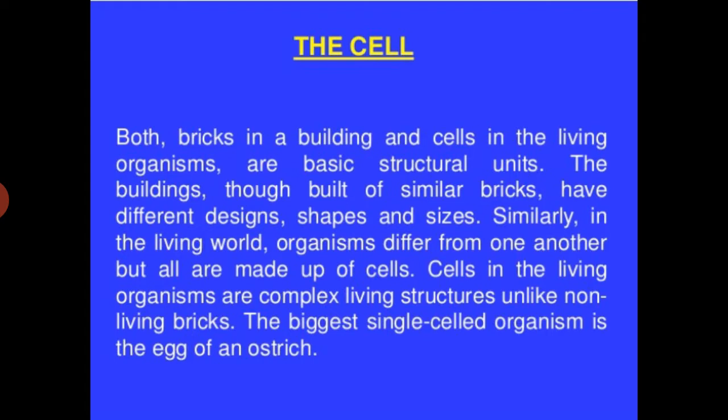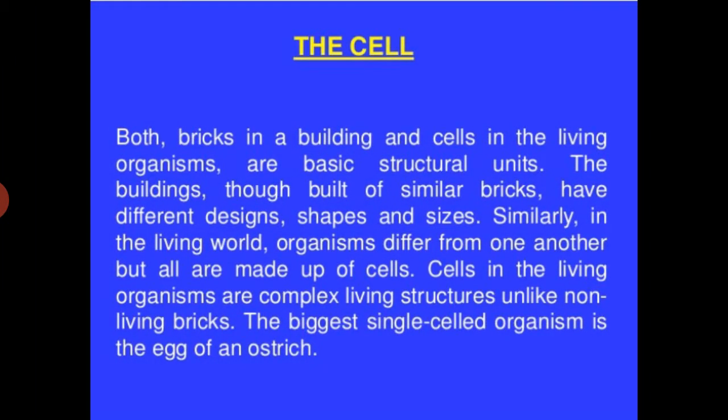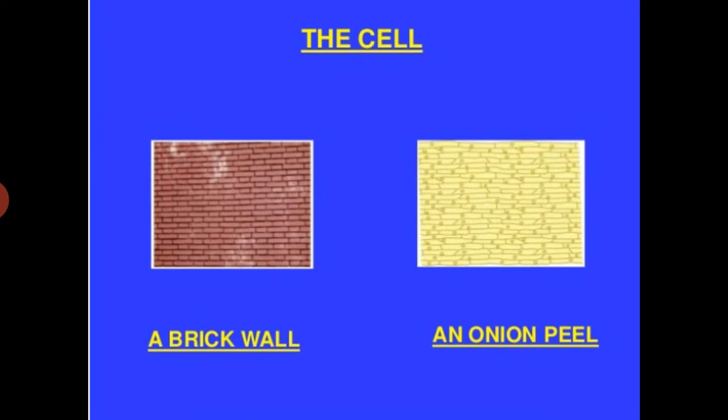So here we talk about some information on the cell. How cells are arranged with other cells, and by arranging they create organs or tissue groups, and the tissue groups make up organs, and these make up our whole body of human beings and also other living organisms. Here are two pictures: a brick wall and an onion peel.